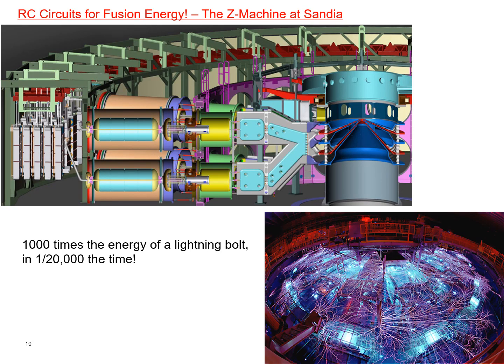Now let's get a brief glimpse of where people use this sort of situation. So you have a picture of the Z machine, which has been built and is operational at Sandia National Laboratories. I've actually been in this room, but not when they were sparking it up, because nobody is allowed to go in this room when the capacitors are all being charged up. What you have out here is one set of capacitor banks.